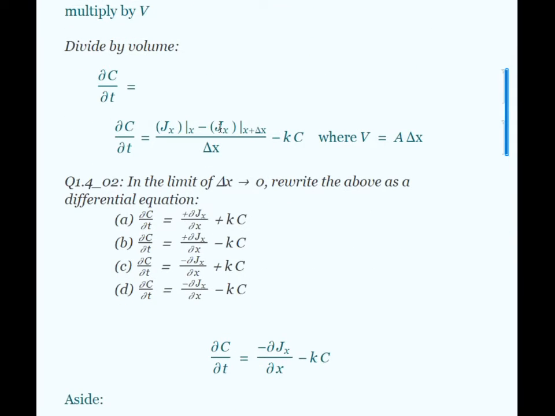And then we'll just recall that the partial differential of a function is actually going to be the function at x plus delta x minus the function at x. And so here we actually have the negative of the partial differential. Okay, so in terms of my choices, I need a negative one, and then this term just stays the same, and so I'm looking here at D.